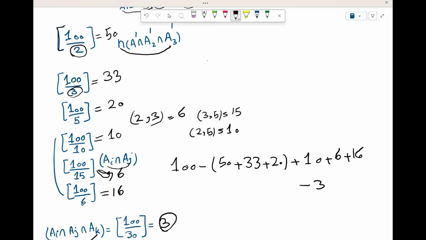But here, the answer is 103, and if we add these two parts, minus 3 and minus 3, they cancel by 6. Therefore, the total answer is 26.